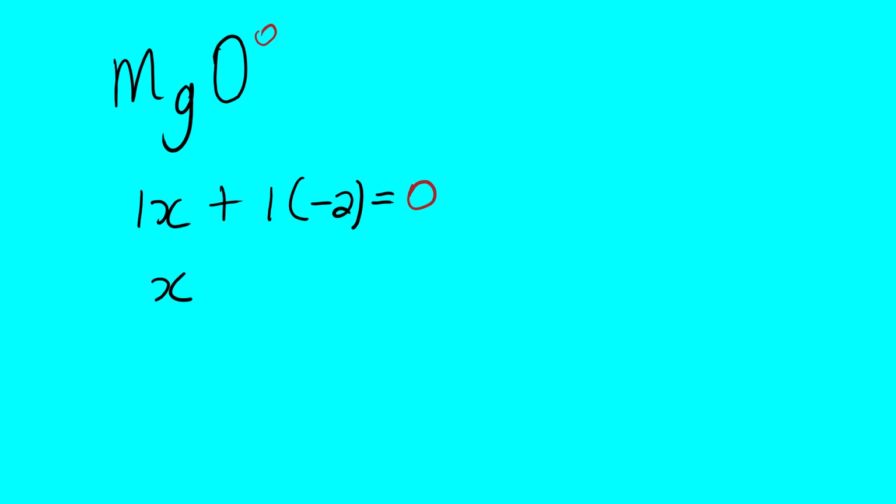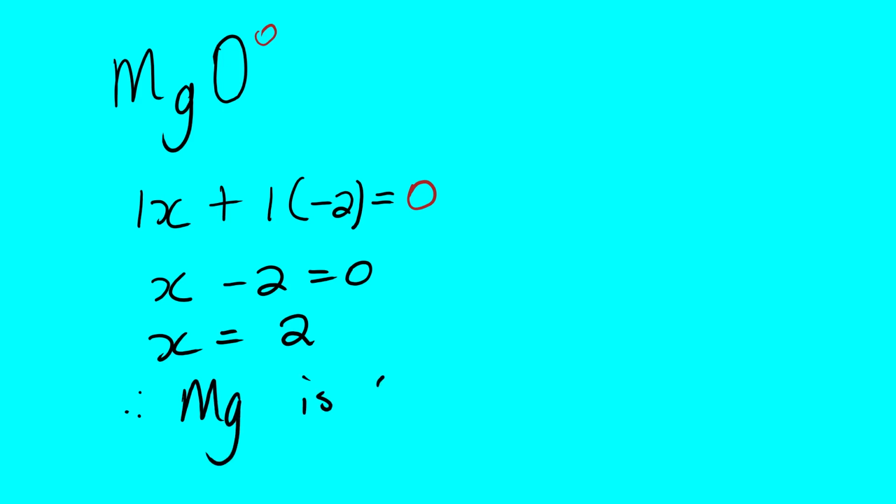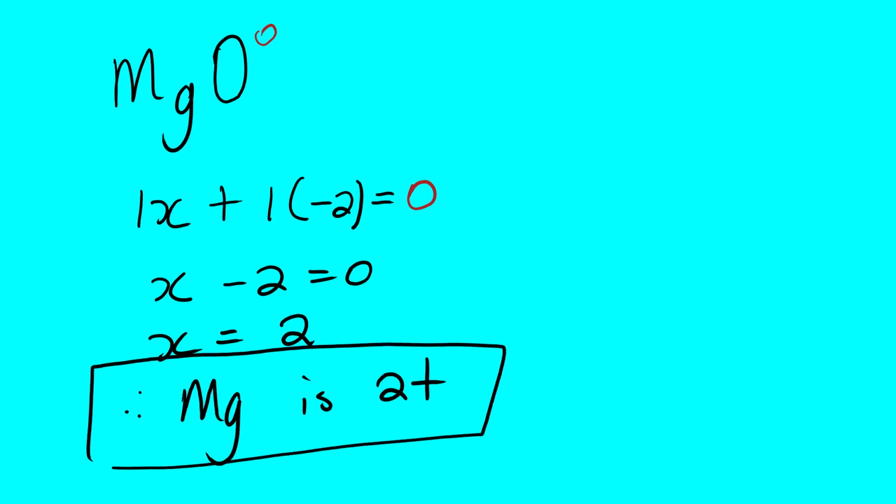Then x plus 1 multiplied by -2, it's -2, equals 0, so x equals 2. We conclude that the oxidation number of magnesium is 2 plus. Magnesium is a metal in group number 2, so that is why the oxidation number is 2 plus.